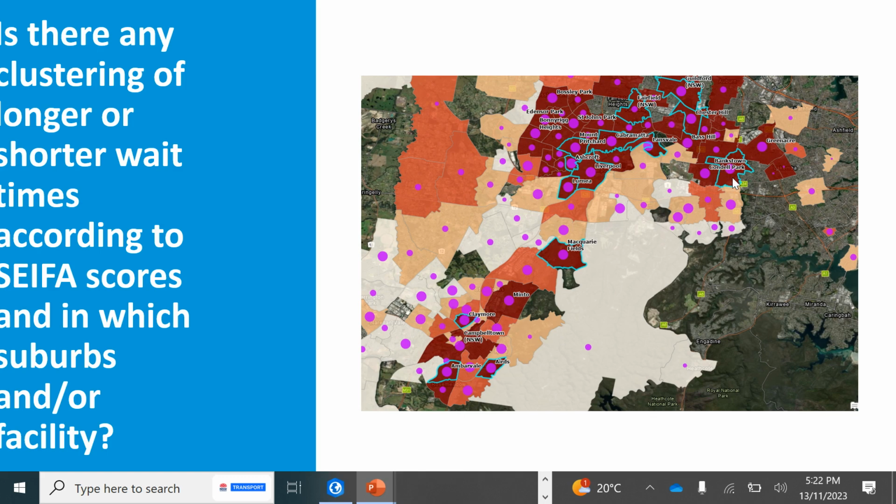So by using quite a simple mapping technique derived from bivariate maps, we were able to go straight away beyond just looking at the descriptive statistics and the data that I reviewed earlier, and get a geospatial or geographic sense, and understand which suburb needs to be prioritized, which suburb we should focus on. And obviously maps like that were very useful to then report back to New South Wales Health.